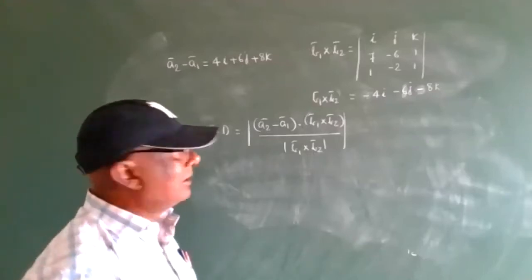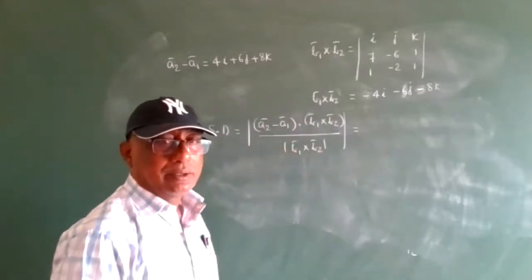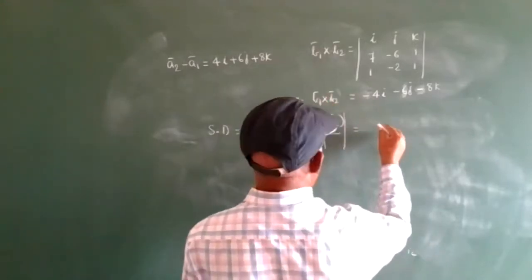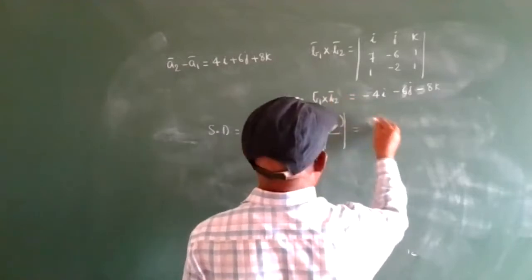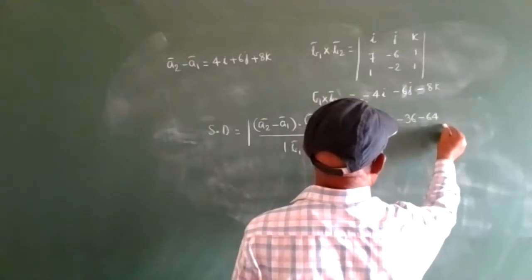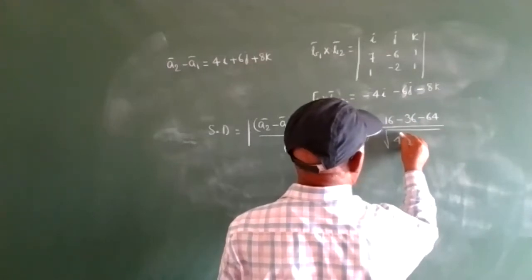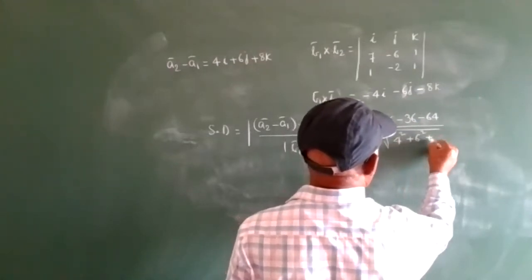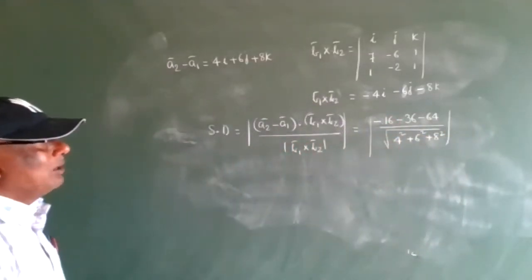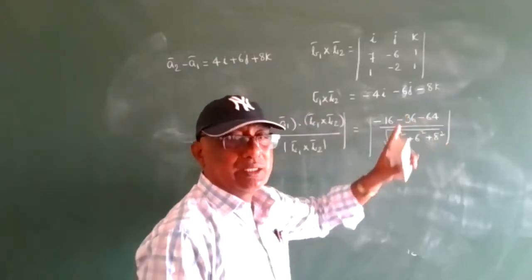Now write down, everyone, A2 bar minus A1 bar, that is 4i plus 6j plus 8k. Multiplying these two gives minus 16 minus 36 minus 64, divided by its modulus value, the root of minus 4 square plus minus 6 square plus minus 8 square. Right. So what is common in all the terms? 4 is common.